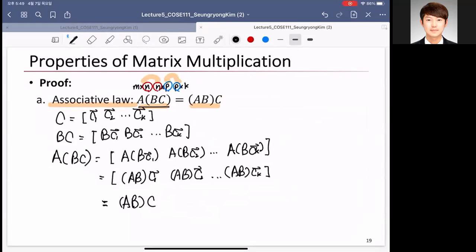This is one proof for the associative law.